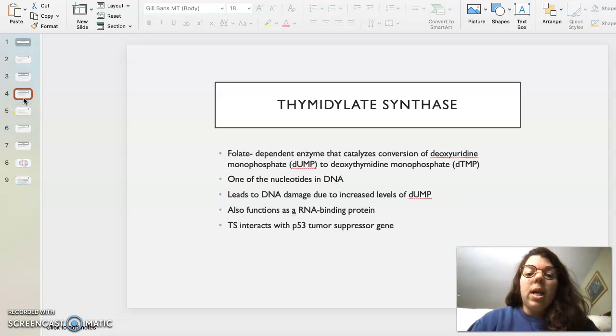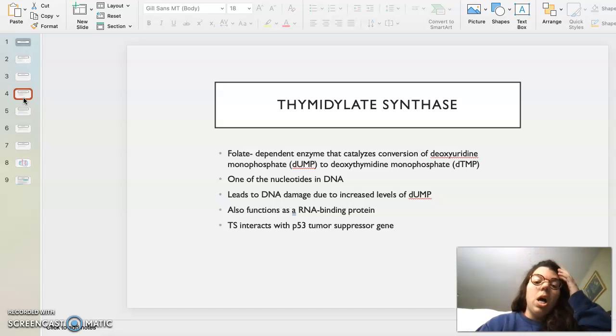So to further discuss thymidylate synthase a little more, it's a folate-dependent enzyme that catalyzes the conversion of deoxyuridate monophosphate, DUMP, to deoxythymidine monophosphate, DTMP.